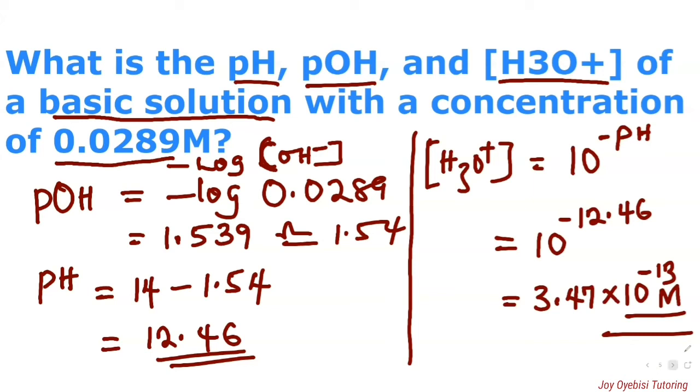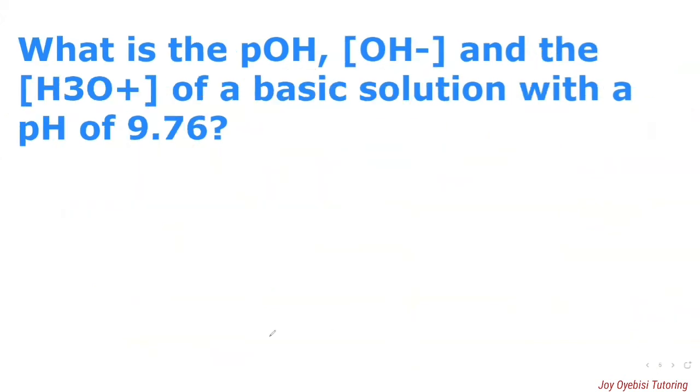All right, so we keep going. For this next one, we have what is the pOH, the OH concentration, and the H3O plus concentration of a basic solution with a pH of 9.76. Okay. So they gave us the pH to be 9.76, and you're asked to calculate the pOH, the OH, and the H3O plus.